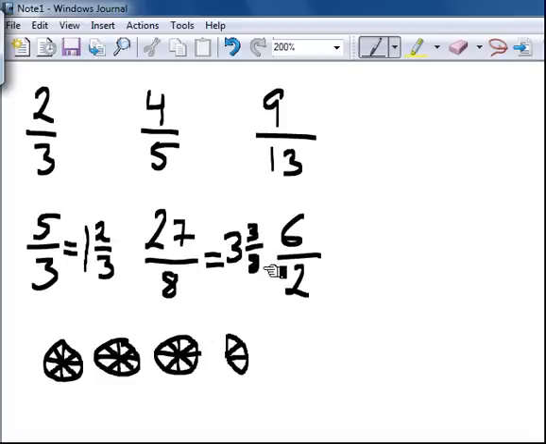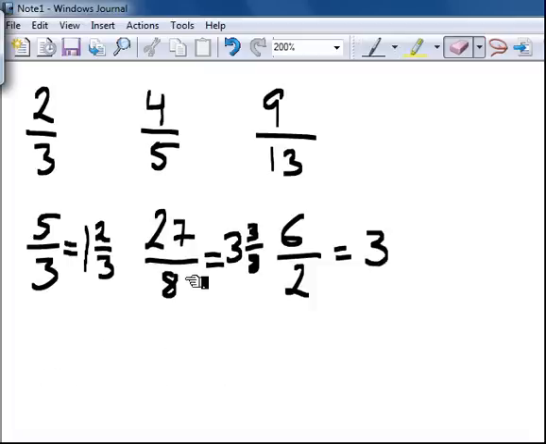Okay, and this one is going to be simple. It's going to be 3 whole pizzas, right? So once again, we have proper fractions. These are proper fractions because the number up here is less than the number down here. So this fraction is always less than 1.